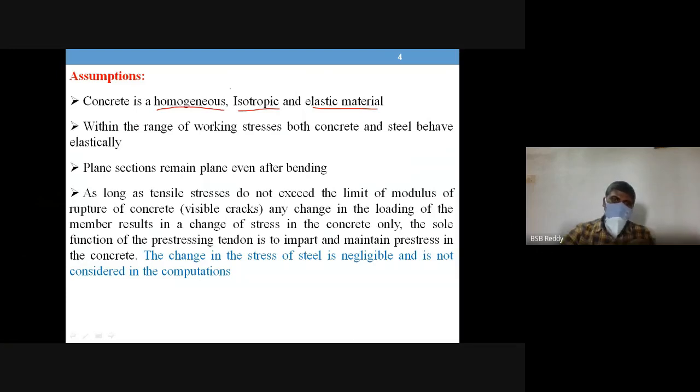And isotropy means that in different directions the properties are the same.